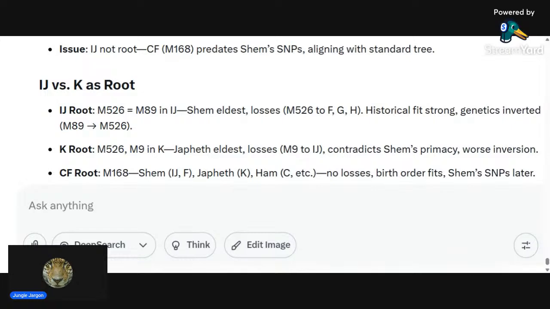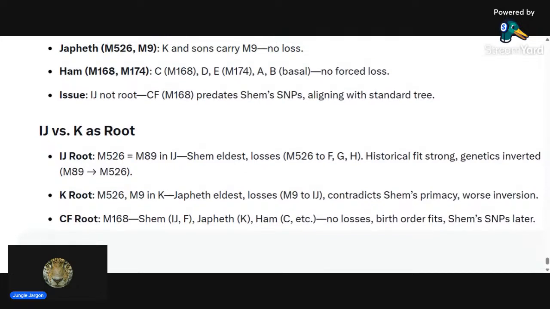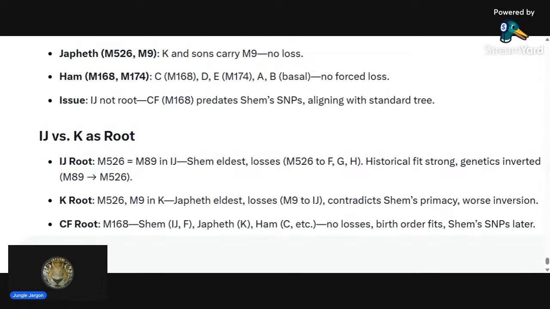CF marker. Well, IJ. If it's a CF marker, IJ has this marker because it's a CF marker. F is FGHIJ. So IJ does have this marker.